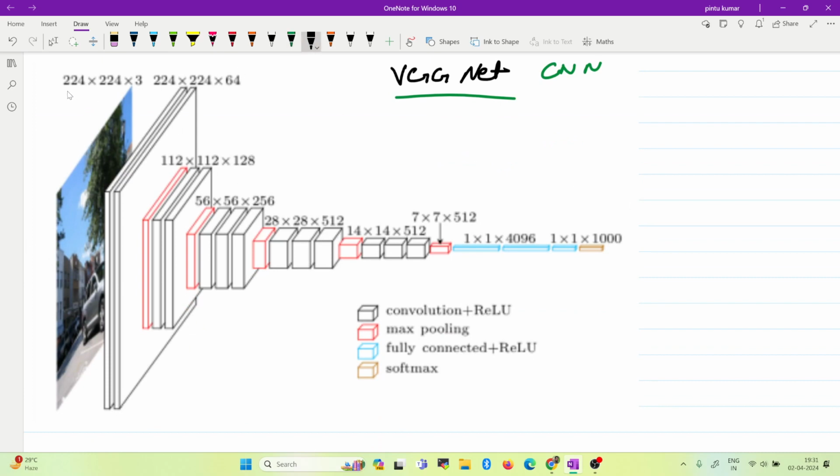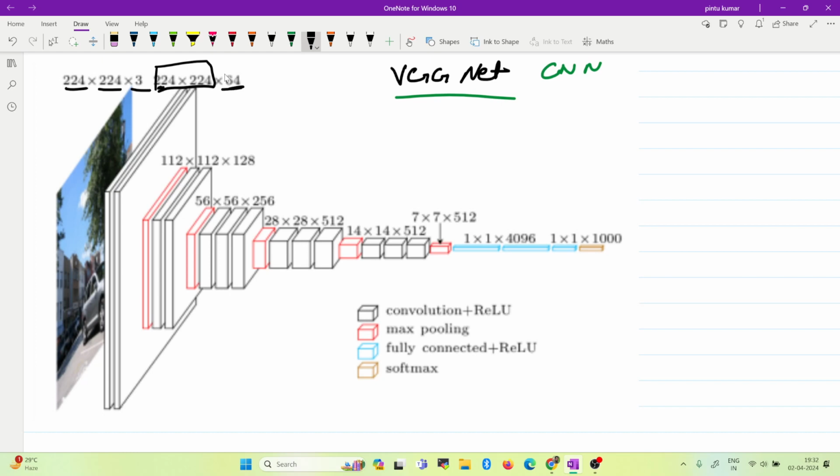So this is your input image of size, let's say, 224 cross 224 cross 3. Okay. Then after the first convolution, so this black one means that it is convolving. After the first convolution, they have obtained 224 cross 224 cross 64.